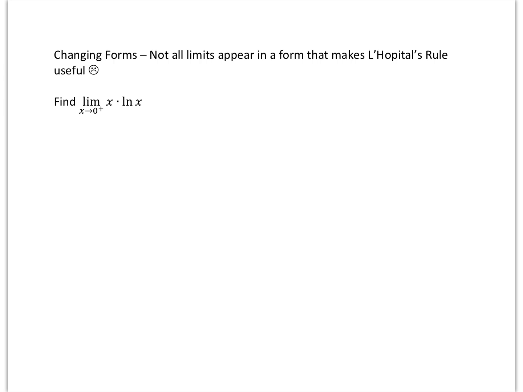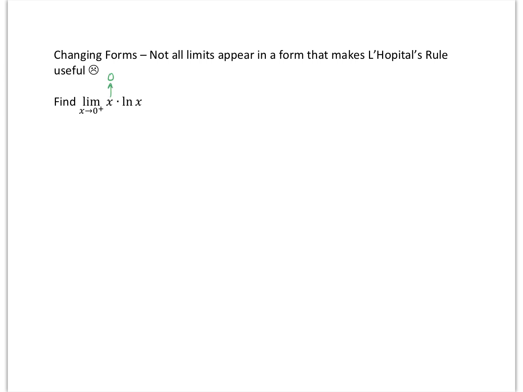Okay, sometimes we need to be able to change the form of our indeterminate form. So not all limits appear in a form that makes L'Hopital's rule useful. Remember that L'Hopital's rule can only be applied if your function looks like 0 over 0 or infinity over infinity. So let's look at this example. I want to take the limit as x approaches 0 from the right of x times ln x. So x goes to 0, right?